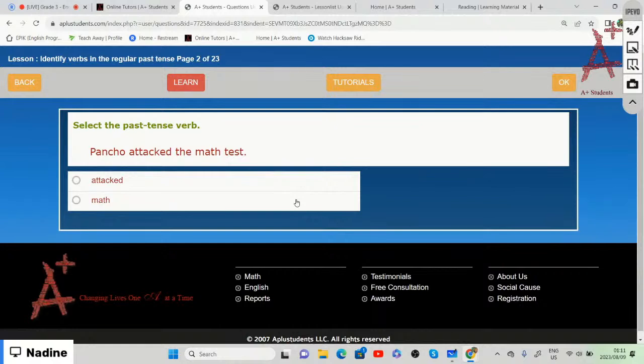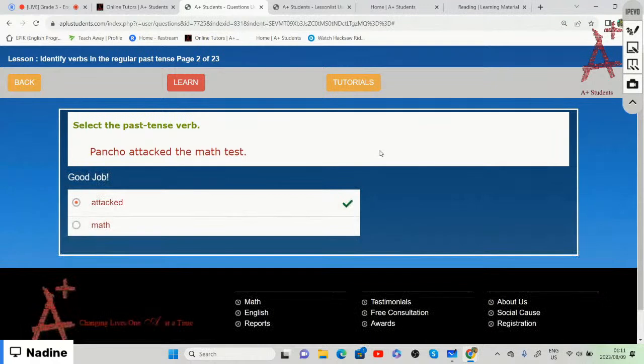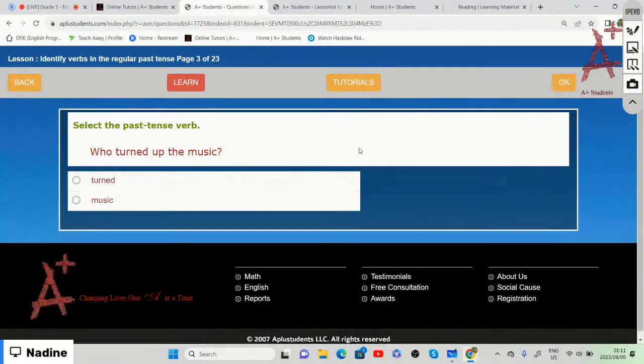So if we choose the correct past tense verb, we can say attacked. Not forgetting the ed. Attacked. And it shows it's in the past tense.